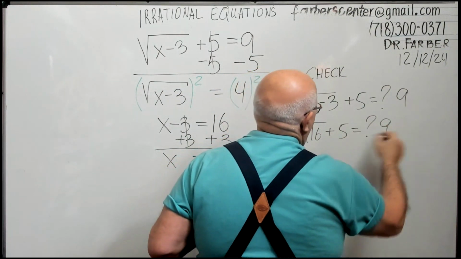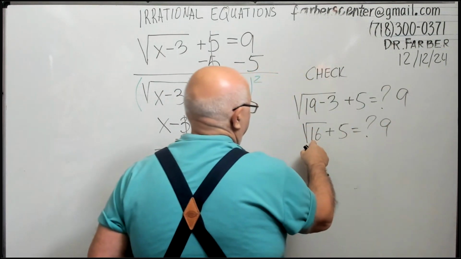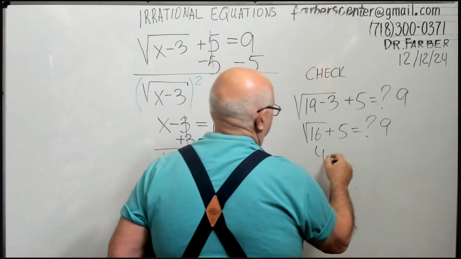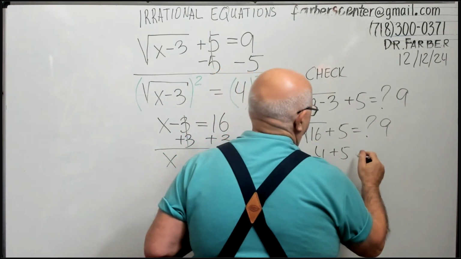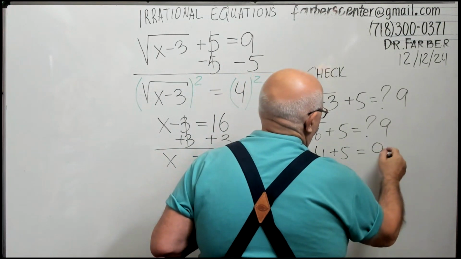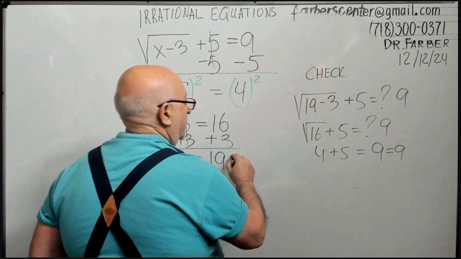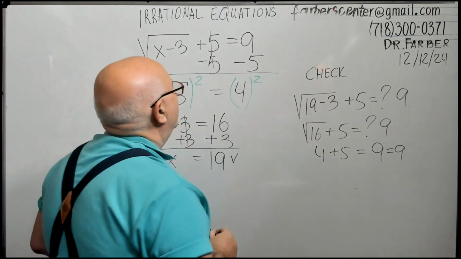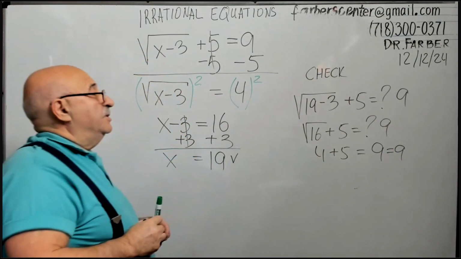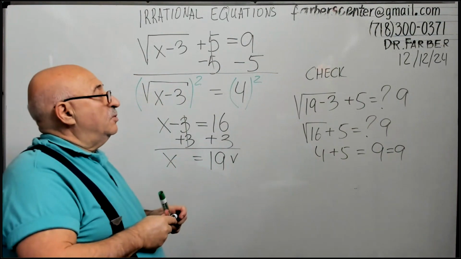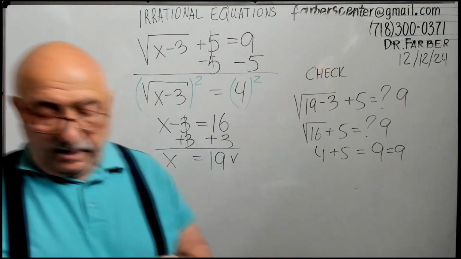Is it equal to 9? Square root of 16 is 4, plus 5 equals 9. 9 equals 9. You solved correctly and put a check mark here. Okay, this is how we solve irrational equations. Don't think all of them are so easy like this, but they have the same idea.